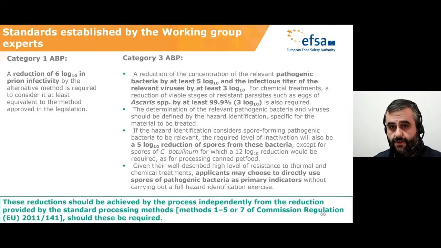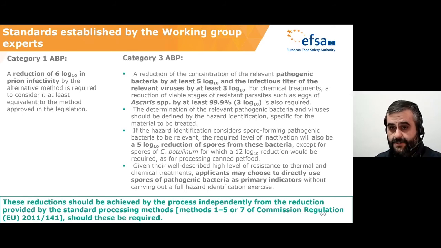For category 3 ABP, we use a standard of at least a 5 log reduction of the concentration of any relevant pathogenic bacteria that may be present in the material, and a 3 log reduction of the infectious titer of the relevant pathogenic viruses that may be present.